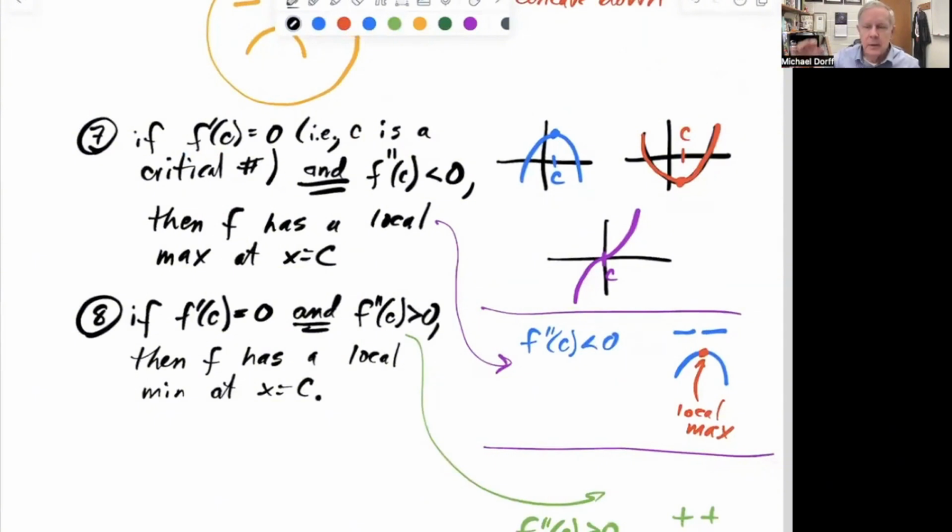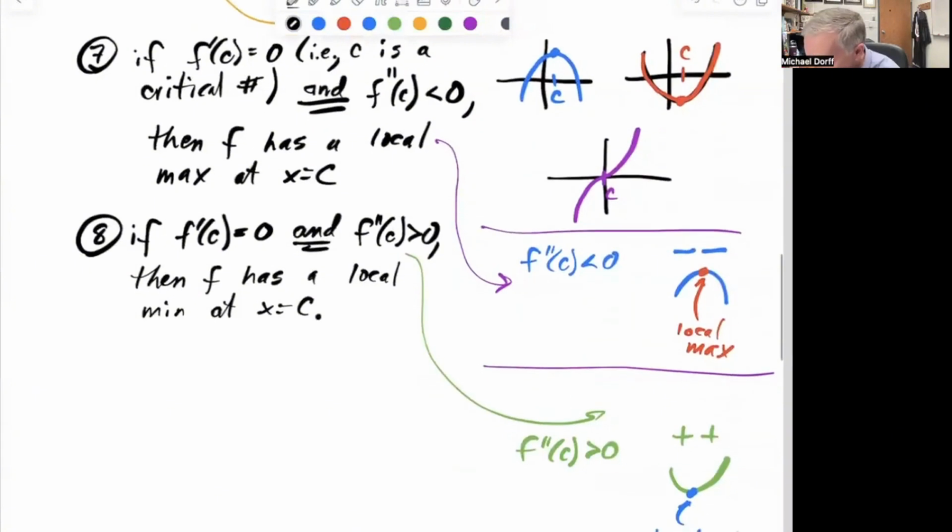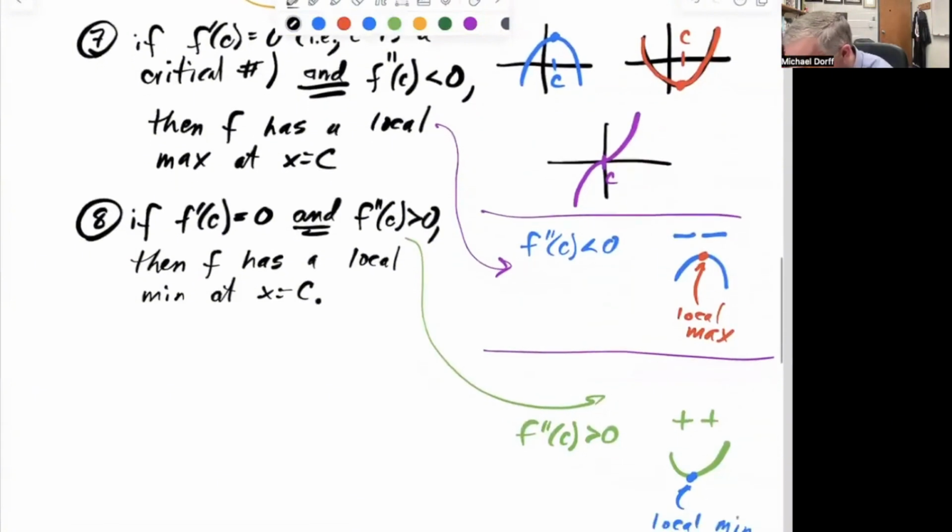That's because the second derivative being less than 0 means it's concave down, and the first derivative at C equals 0 means it has to be at the top of that concave down part, and that means it's a local max. Same thing with having local mins. We can use either one of those.